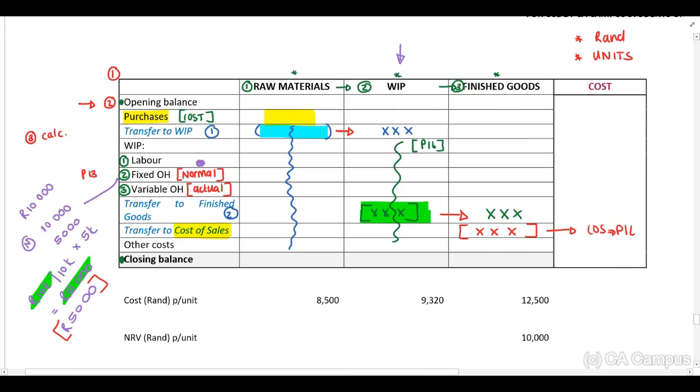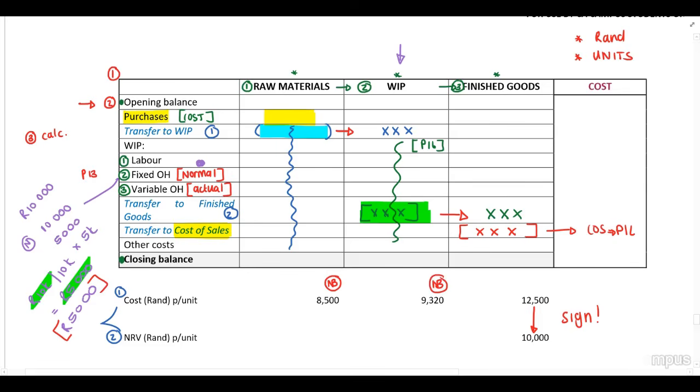Then the next rule, remember, inventory should be measured at the lower of cost or net realizable value. If you have determined in this scenario that your NRV of your finished goods is lower, this is the sign that you will have to test your raw materials as well as your WIP.